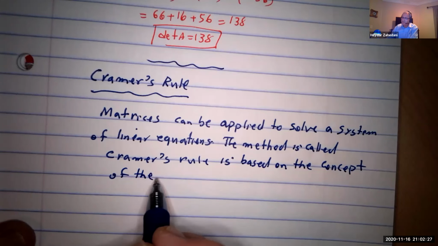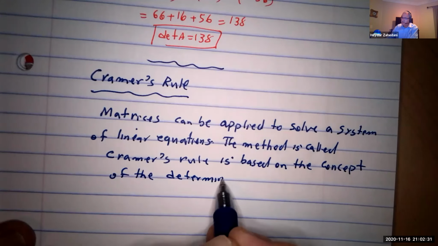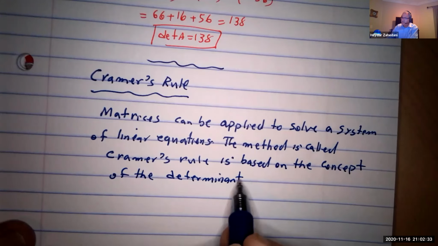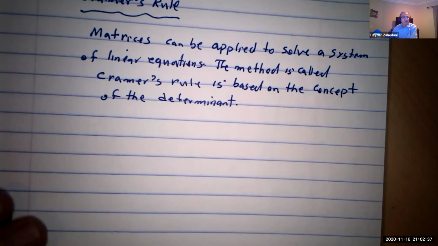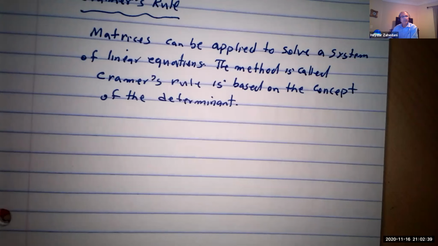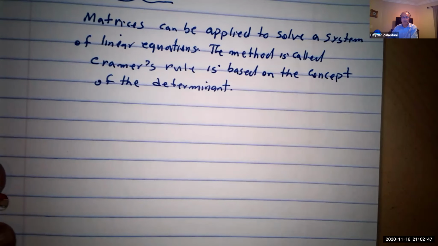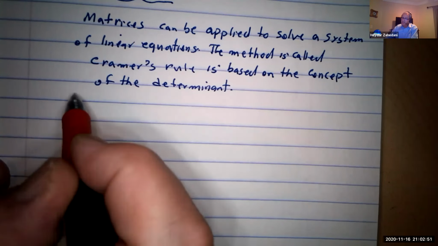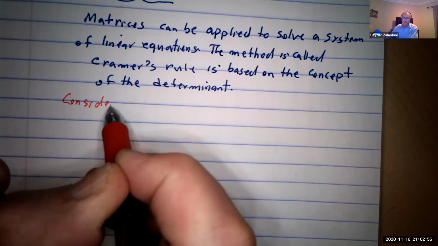Usually we do the 2 by 2 first, get the numbers, and then if you like it, we can consider the 3 by 3, which is the one that we want to do. So to get an idea of the formula, you're going to consider this system.